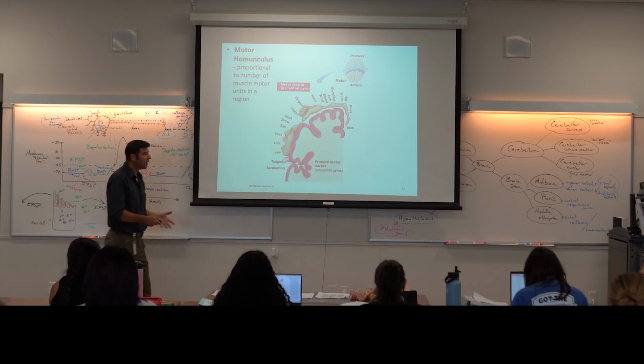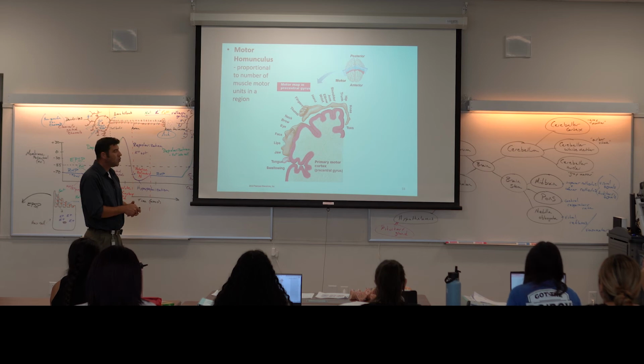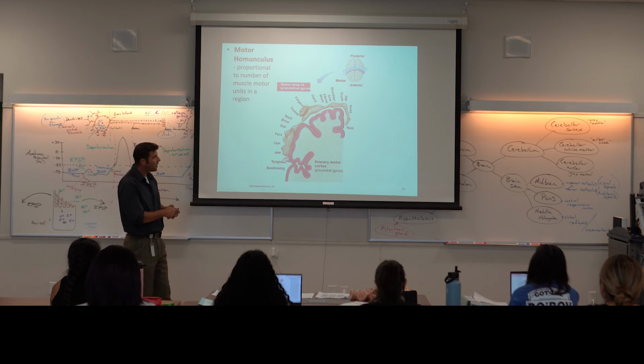But what this is showing is that there is a disproportionate amount of cerebral cortex that is set aside for coordinating movements, like in the tongue or in the facial expression or in the hands, versus look at how much of that cerebral cortex is set aside for coordinating muscle movement of the wrist or the elbow or the arms or the shoulders or the trunk of the body.